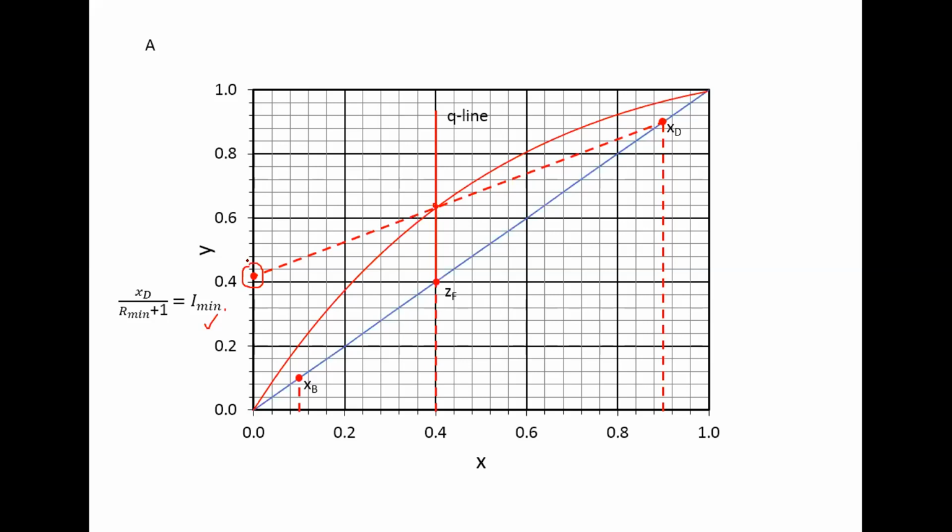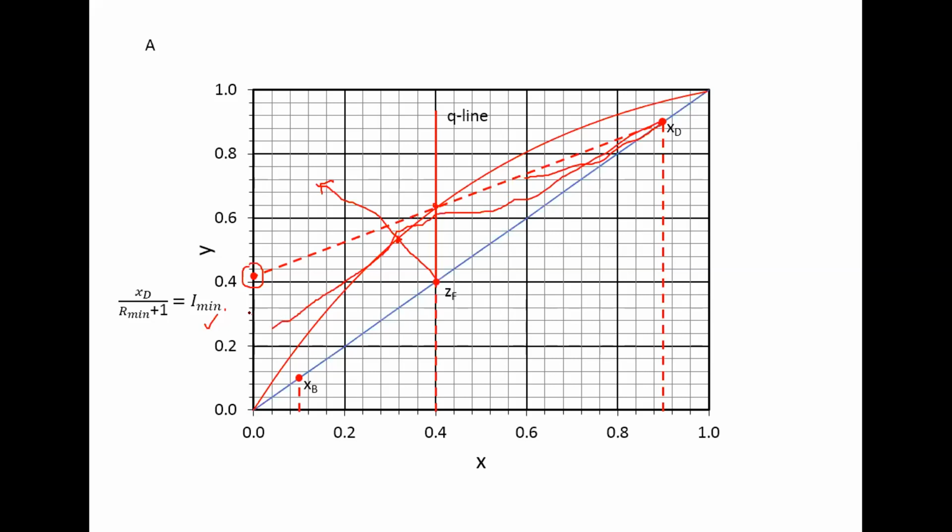Yes, ma'am. But what if, I see like in some questions, the Q is here, over here. Then how about the reflux minimum? It should be taking this point and then making a line straight to intersect the point, right?